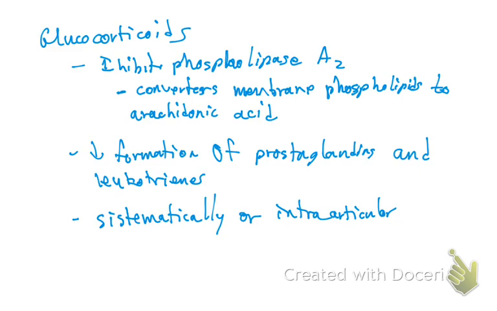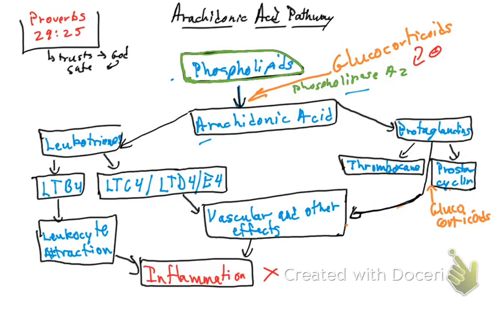So glucocorticoids inhibit the prostacyclin pathway and phospholipase A2, which is the enzyme responsible for converting phospholipids to arachidonic acid.